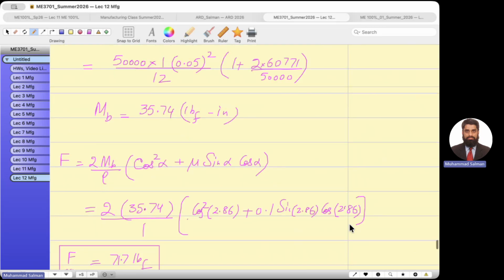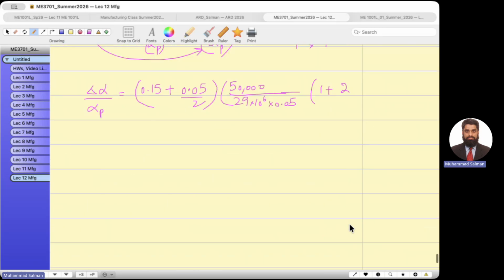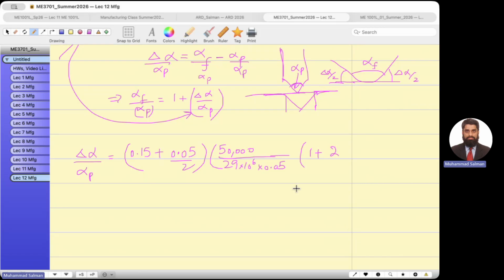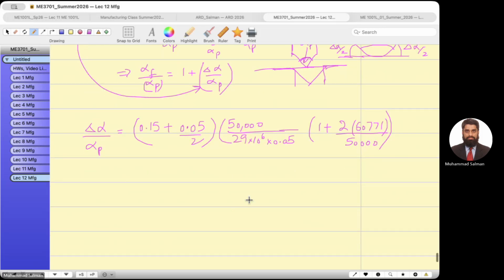Sigma 1 is, we already calculated, 60,771 psi. So I can write here 60,771 psi divided by sigma yield. You get this ratio 0.021, right?